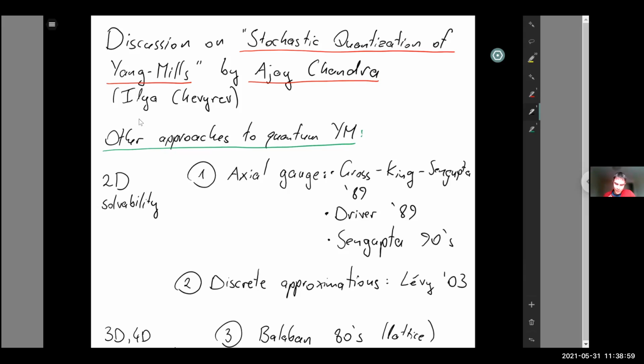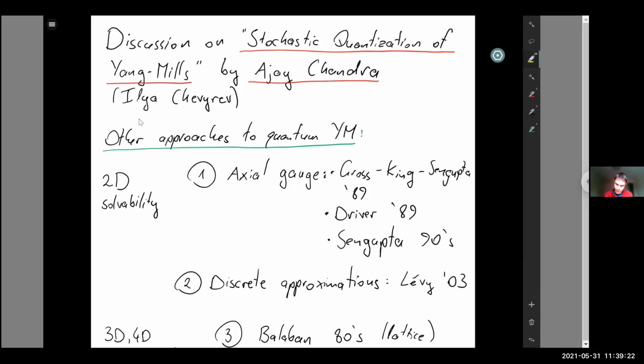This has been around in the physics literature at least since the 70s, maybe even earlier. Migdal and Polyakov looked at these problems. In the mathematics literature, the earliest complete works that gave a nice answer are 2 papers by Gross, King, Sengupta, and by Driver, both from 89.